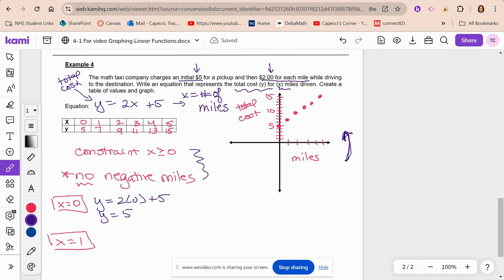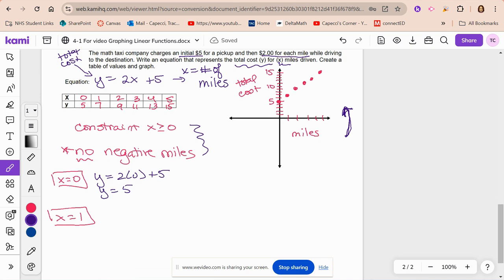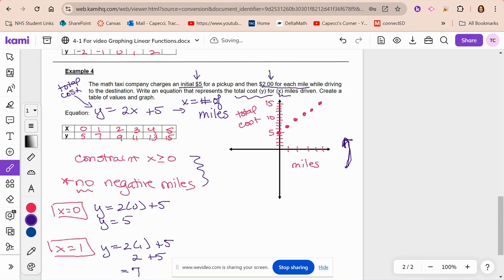So y is equal to 5, right? That's our y-intercept because we talked about no matter what, you're going to start at 5. You're paying 5 no matter what. Now, if you go 1 mile, it's going to be 2 times 1 plus 5, right? So it's going to be $2 for the miles plus that initial 5. So that's going to be 7.